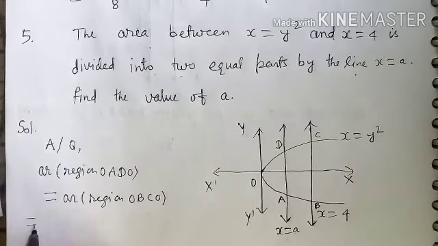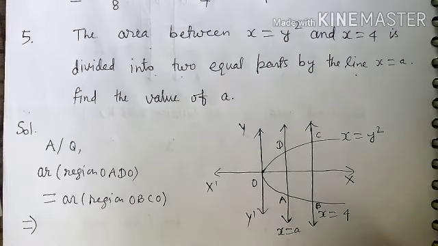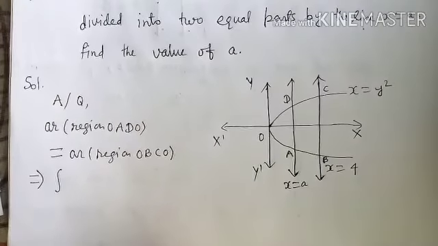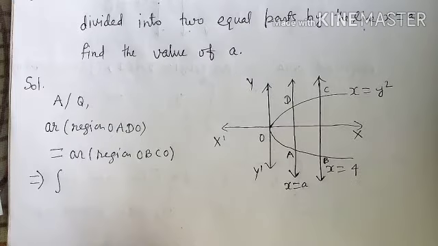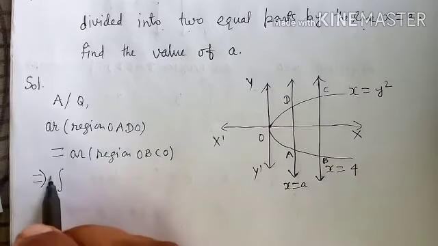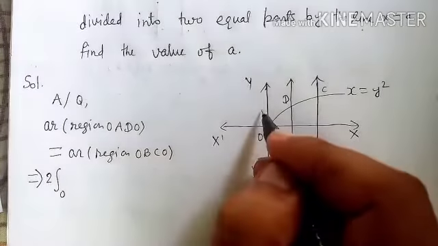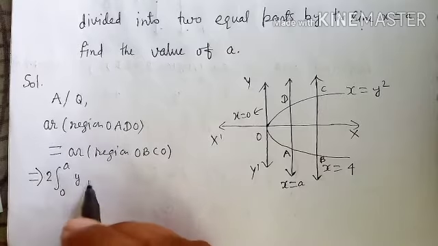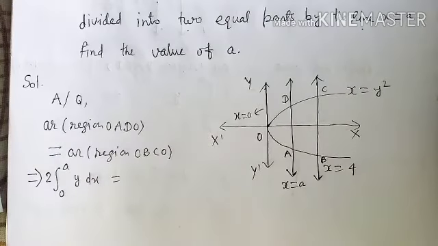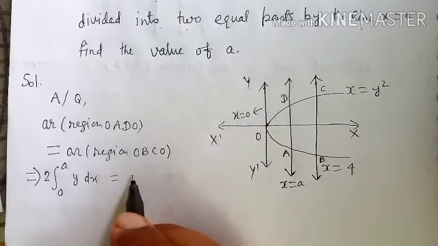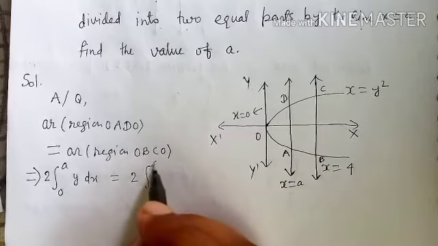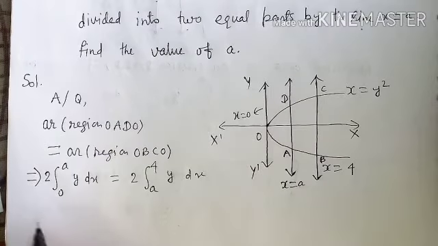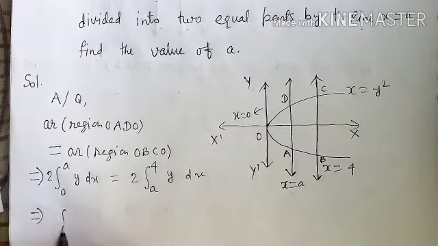We know that area of region OADO is equal to 2 into integral from 0 to a of y dx, and region OBCA is 2 into integral from a to 4 of y dx, right? 2 is cancelled from both sides, so we have 0 to a.